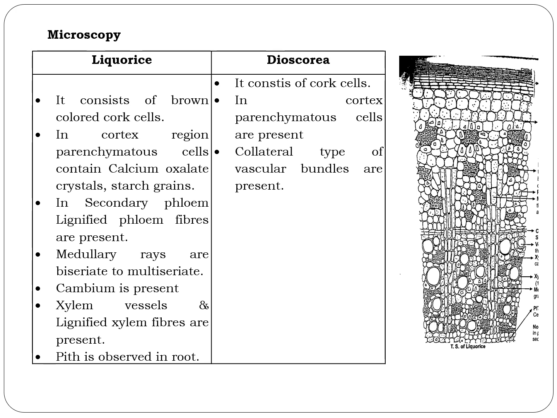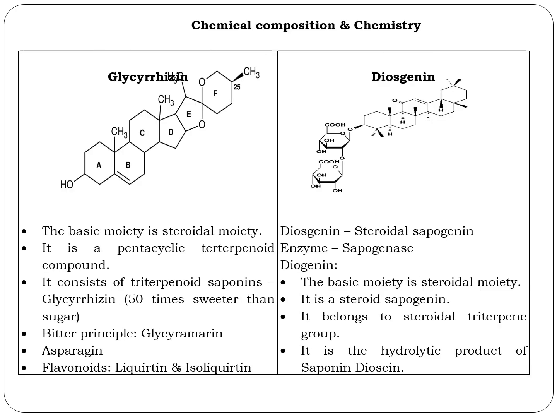Cambium is present. Xylem vessels and lignified xylem fibers are present. Pith is observed in the root. Whereas Dioscorea consists of cork cells. In the cortex, parenchymatous cells are present. Collateral type of vascular bundles are seen in Dioscorea.